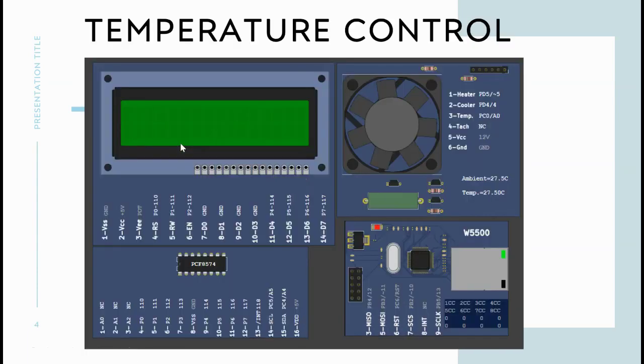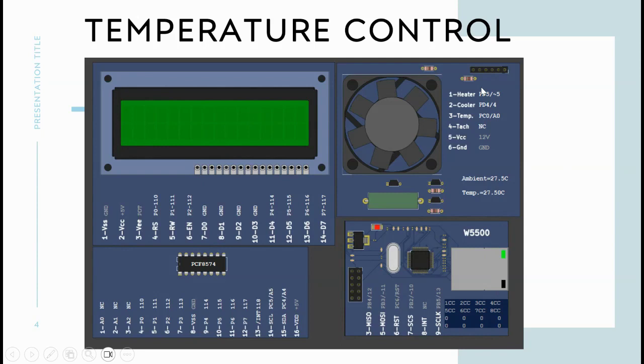Then the next block is the temperature control block. As you can see, this block consists of a temperature system, then this Ethernet shield, and then the LCD, and then the IC that allows it to communicate through I2C.